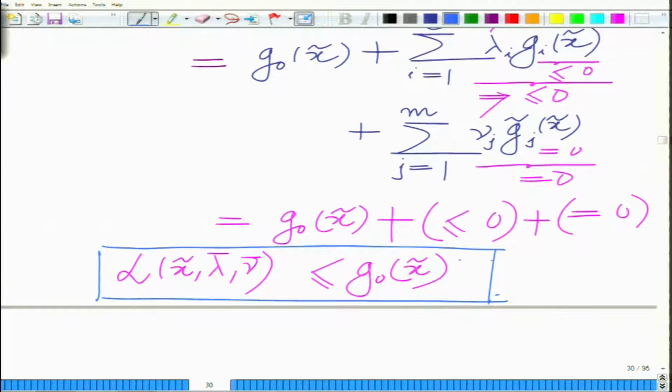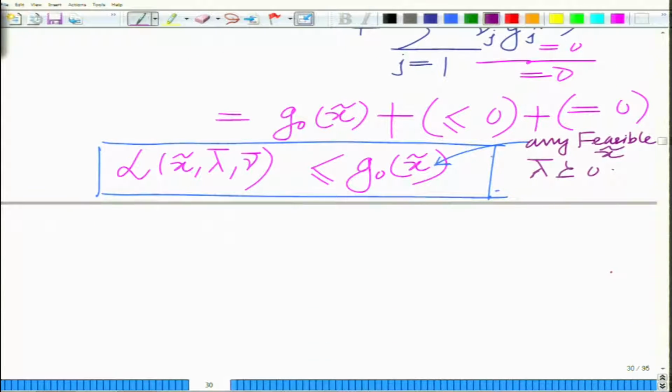So, now remember this holds for any feasible point, and as long as all the lambda i's are greater than or equal to 0, that is lambda bar is component wise greater than or equal to 0.